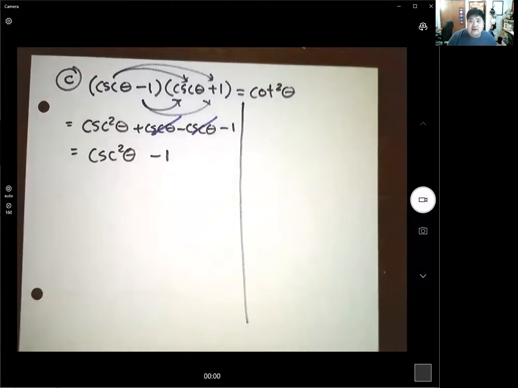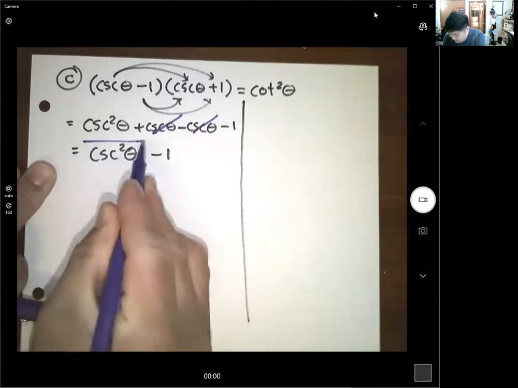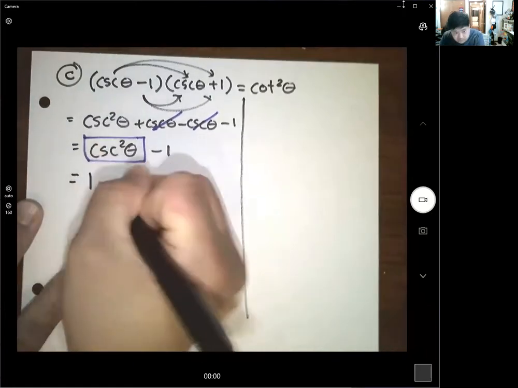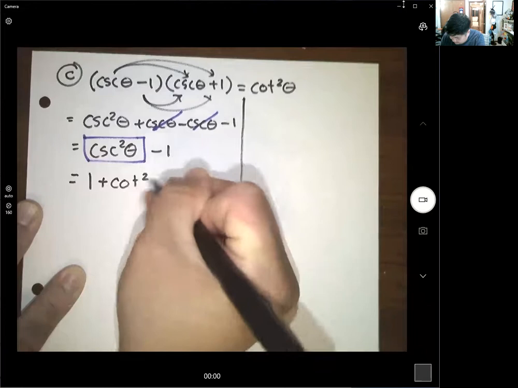There are a couple of ways to visualize this, but one is to use the Pythagorean identity that cosecant squared theta is 1 plus cotangent squared theta.